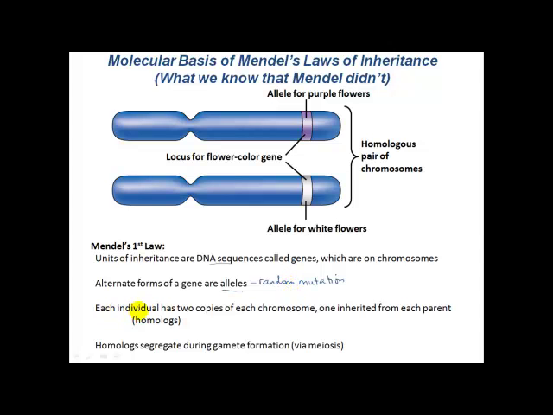So when we say that each individual has two copies of each of these units of inheritance, we now know that that's referring to our diploid genetic makeup. Two copies. We inherit one copy of each chromosome from mom, one copy from dad, and we know that those two versions of the same chromosome with the same sets of genes are called homologs.